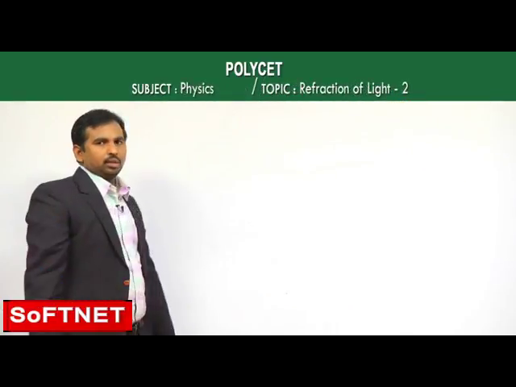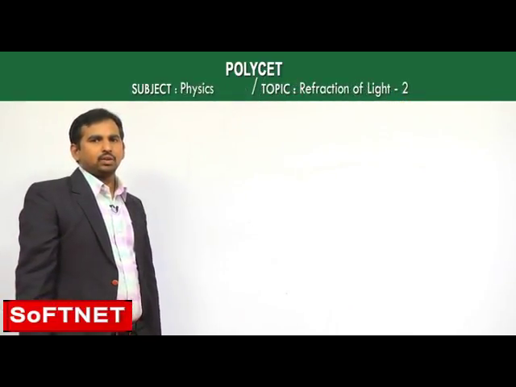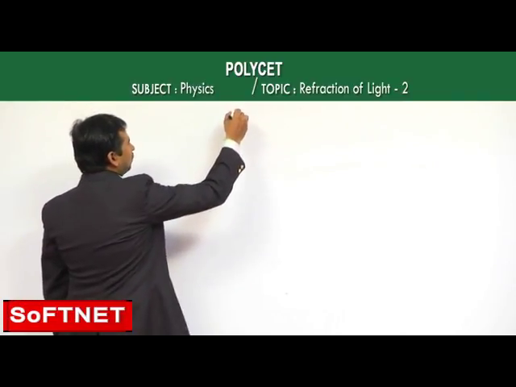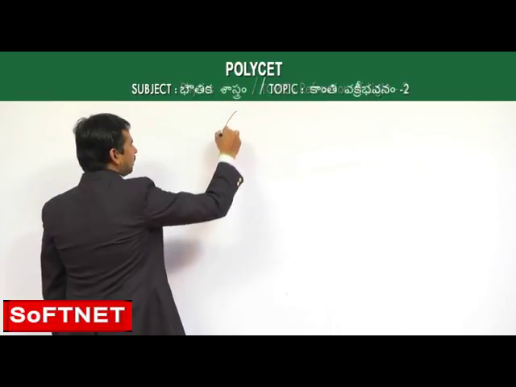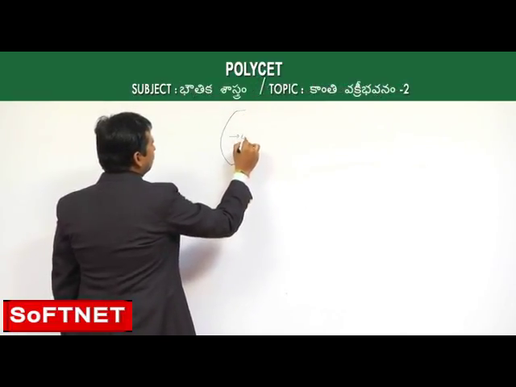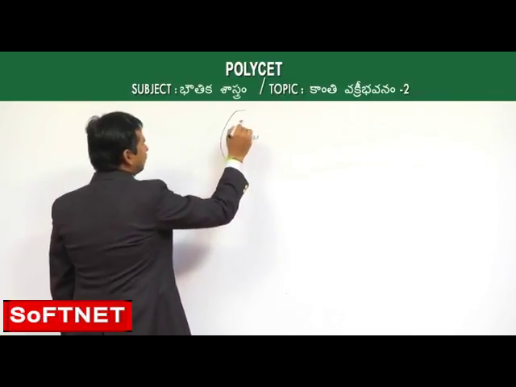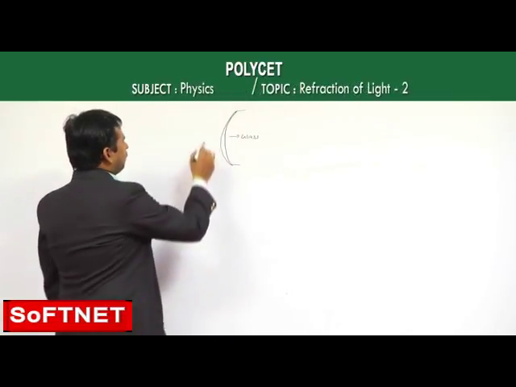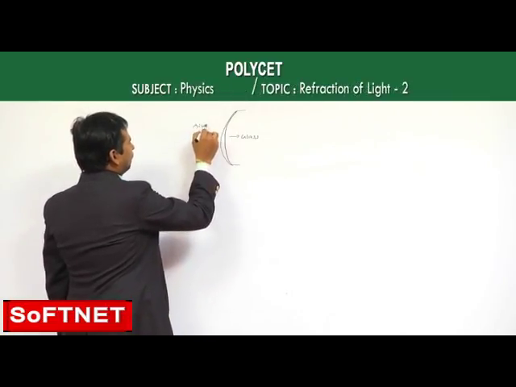Now, we will see the refraction in this convex lens and concave lens. When you are taking a convex lens, like this, this side part we take as glass, and here we have air.